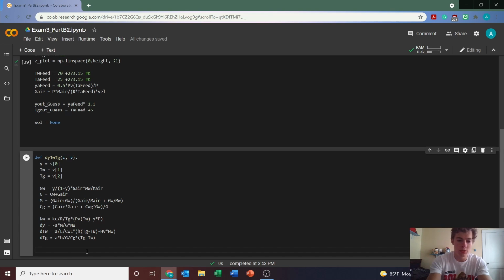Then we want to return those exact variables: dy, dTW for the change in temperature of our water, and then dTg for the change in temperature of our gas.